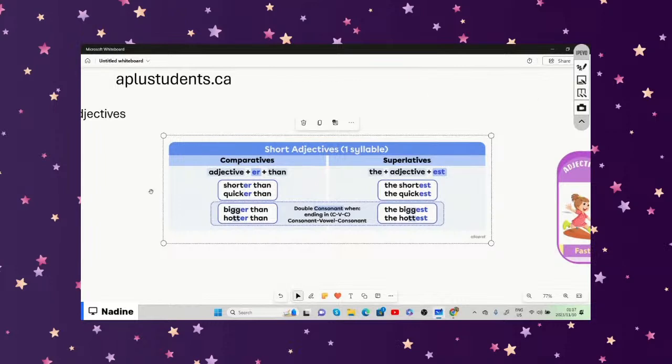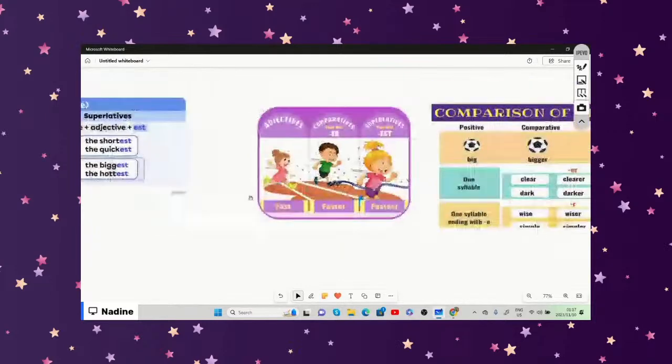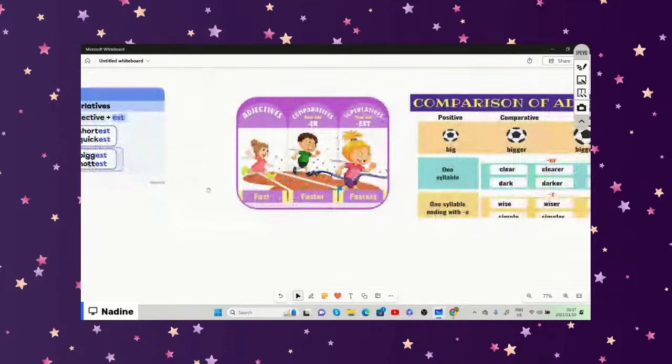You have the comparative on your left, shorter, quicker, and we added our er. And with the superlative, it is adjective plus est, the shortest and the quickest. Then we have our three, which is fast, faster, fastest.